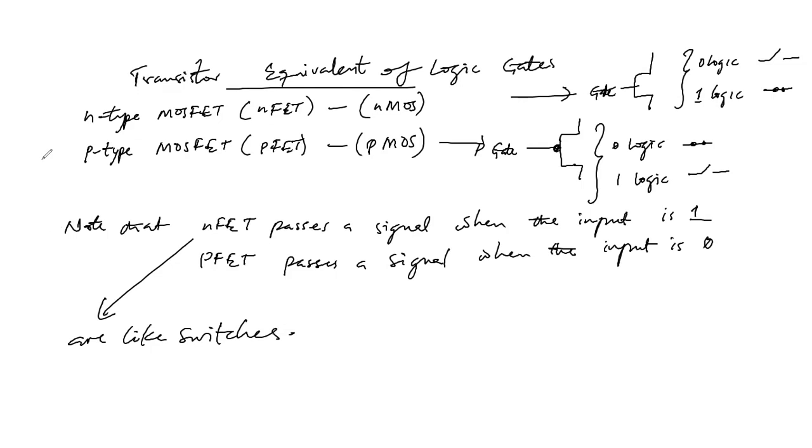So let us look at some of the logic gate designs. So we have the NOT gate, that we have X, Y. This is the inverter actually. Inverter. X, Y, 0, 1.